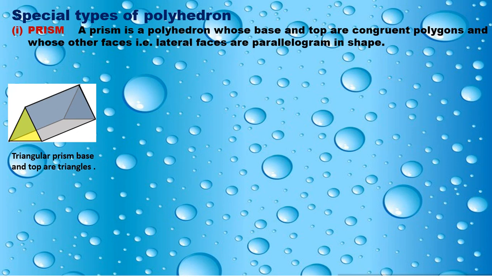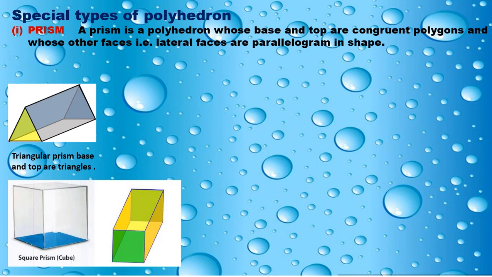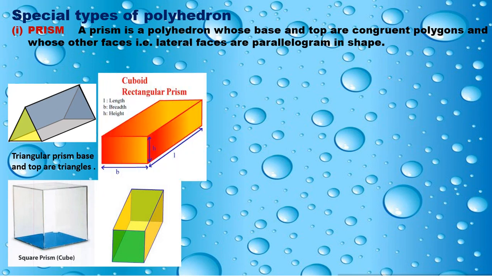So we have the triangular prism, where base and top are triangles, the square prism, where base and top are squares, and the rectangular prism, where the top and base are rectangles. So for the prism, base and top are congruent polygons and all the lateral faces are parallelograms.